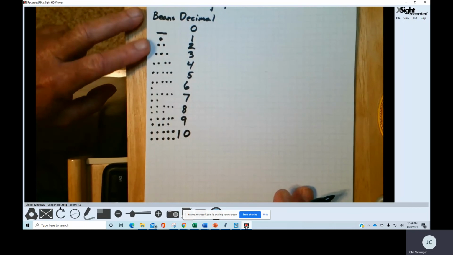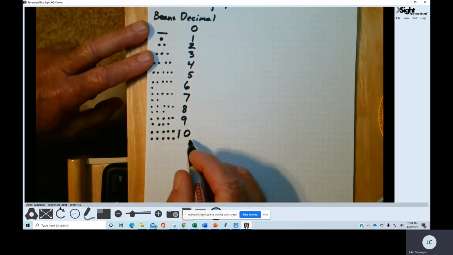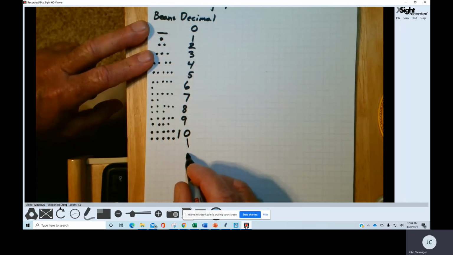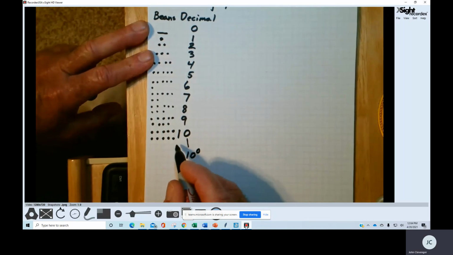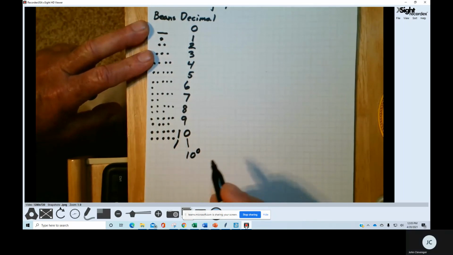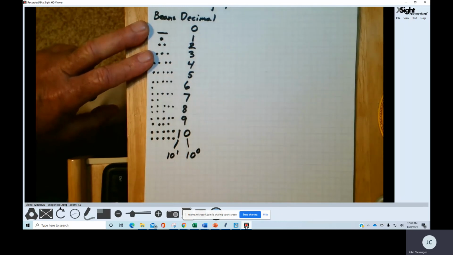Now in our decimal numbering system, our units column is worth 10 to the 0 power, or 1. And this column has a value of 10 to the first power, or 10.